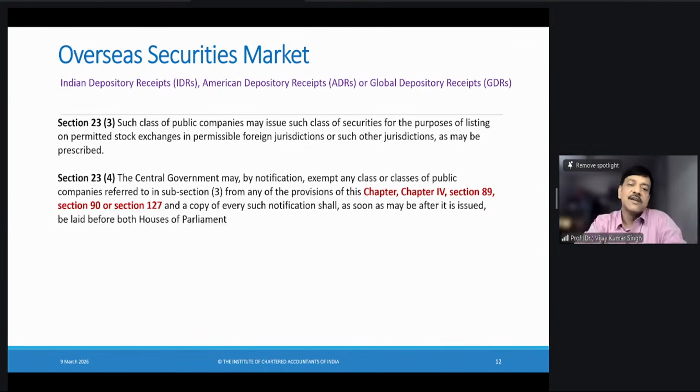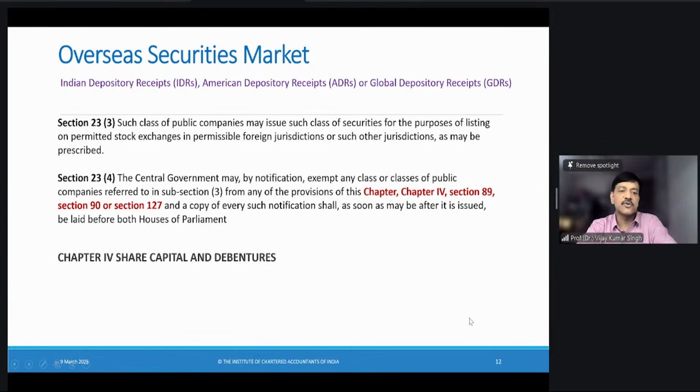So why do you require the law of India to be followed completely? You give flexibility to the companies raising capital from outside. However, there are some other rules which are applicable to them. But you exempt them from the application of Chapter 3, Chapter 4, Section 89, Section 90, and Section 127. And this exemption has to be also highlighted.